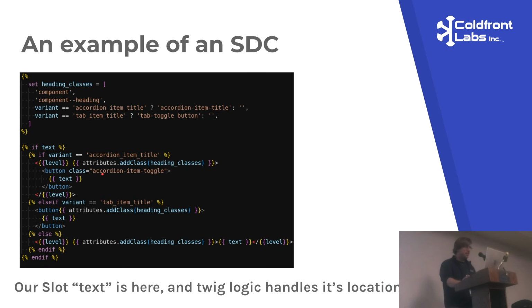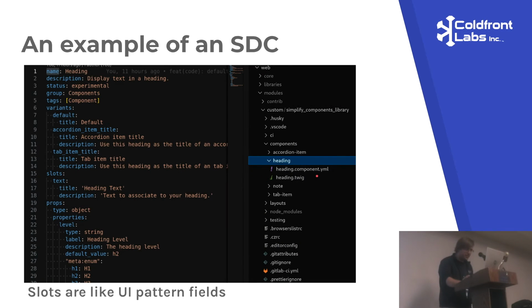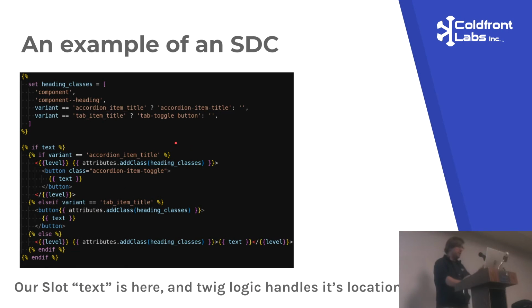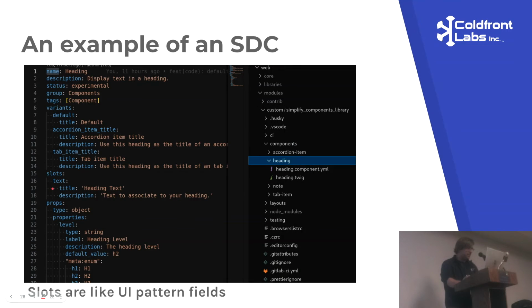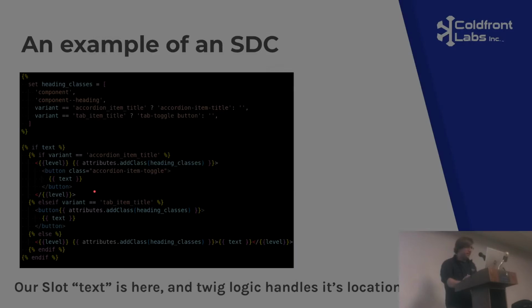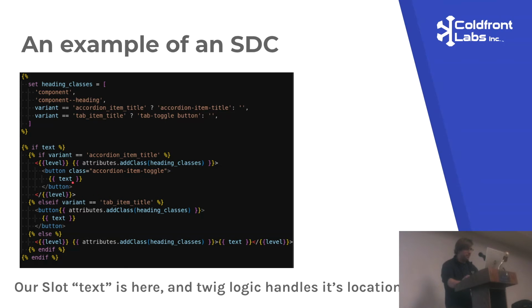And then here's an example of our heading, but from the twig side. So that's what this file looks like, and it's just regular twig template stuff. We can put our logic in for how we want our heading to behave. And then this area here is where the text of the heading would go. That's what our slot is. So we have a slot called text, and the slot is visible in certain areas based on the twig logic.